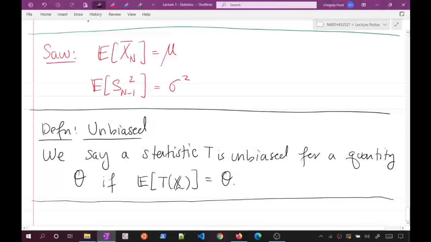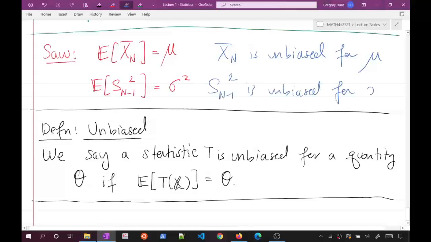So unbiased is really just a rebranding of saying the expected value. If you say T is unbiased for theta, all it's saying is the expected value of T is theta. So in our example, what we saw is that x bar is an unbiased estimator for the mean, and the sample variance is unbiased for the true variance. And so this is why these are common estimators.